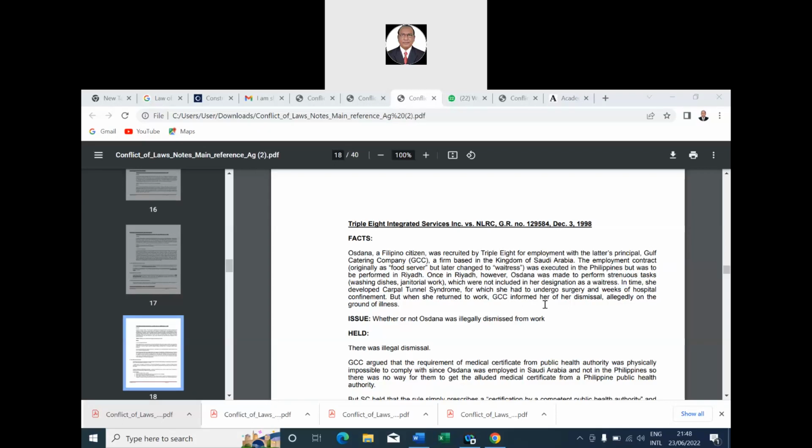When she returned to work, the GCC informed her of her dismissal, allegedly on the ground of illness. Because when she was washing the dishes and doing janitorial work, she developed carpal tunnel syndrome. Because of that, she was hospitalized and underwent surgery, and she was confined to the hospital.